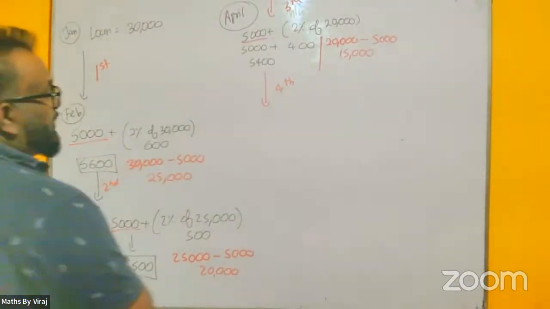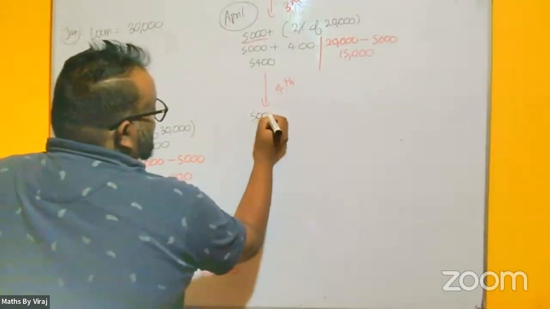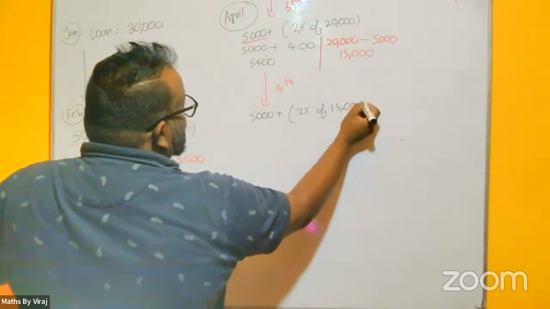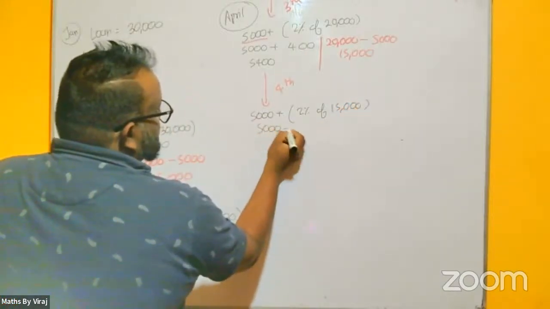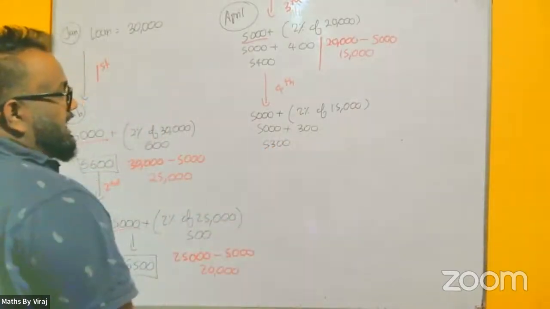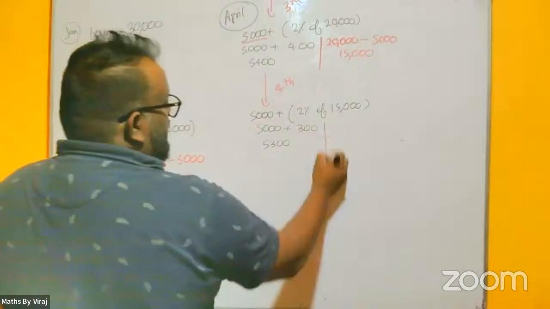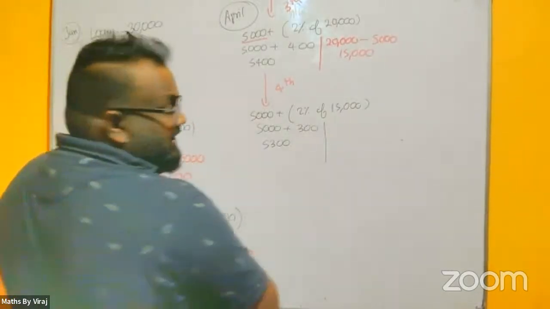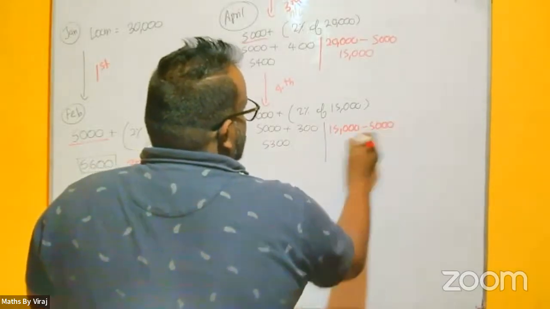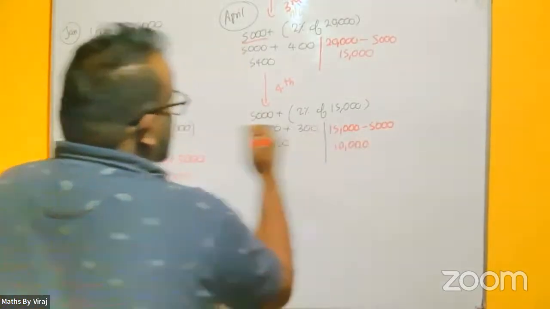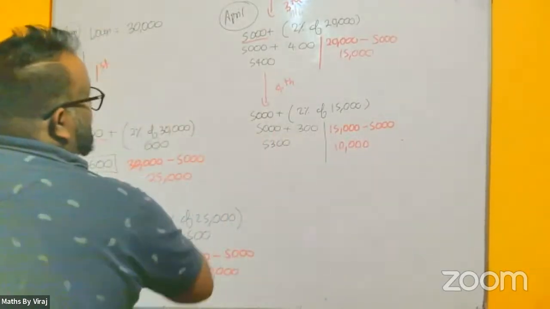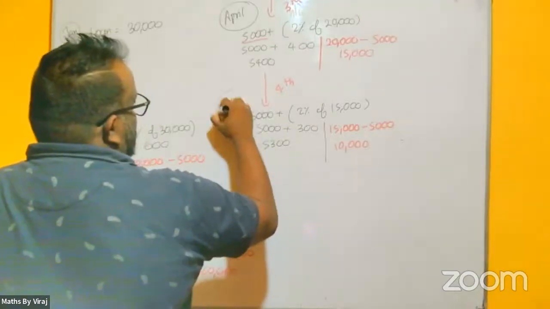When we go for the fourth rental, what is going to happen? 5,000 plus 2% of 15,000. That is 5,000 plus 300. 5,300 has to be paid. So what is the remaining amount that we have? The remaining amount is 15,000 minus 5,000, which is 10,000. Therefore, that is the month of May.